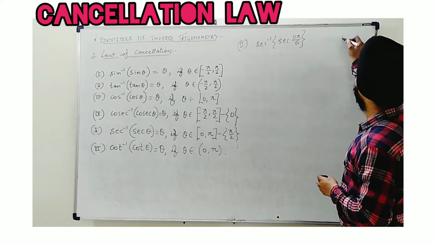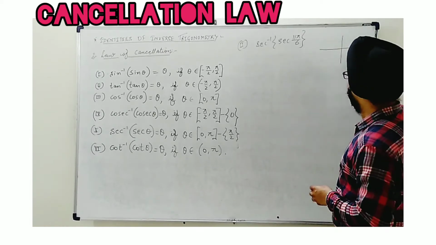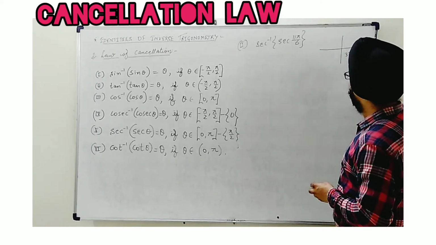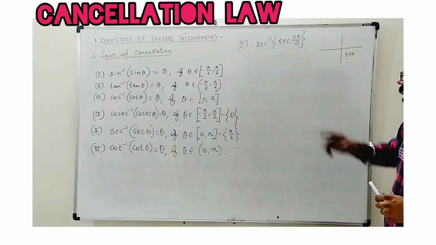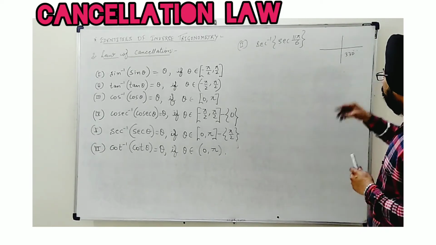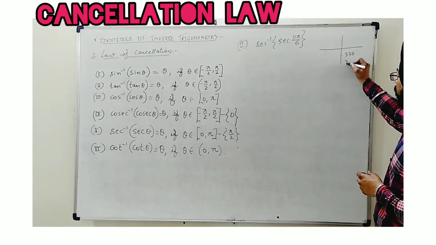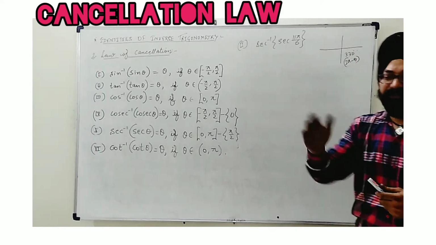And if you see, 330 degree lies in the fourth quadrant. And what I said: when there is a group of cos inverse, in the fourth quadrant the value will be written in the 2 pi minus theta pattern. 2 pi minus theta means 360 minus theta.